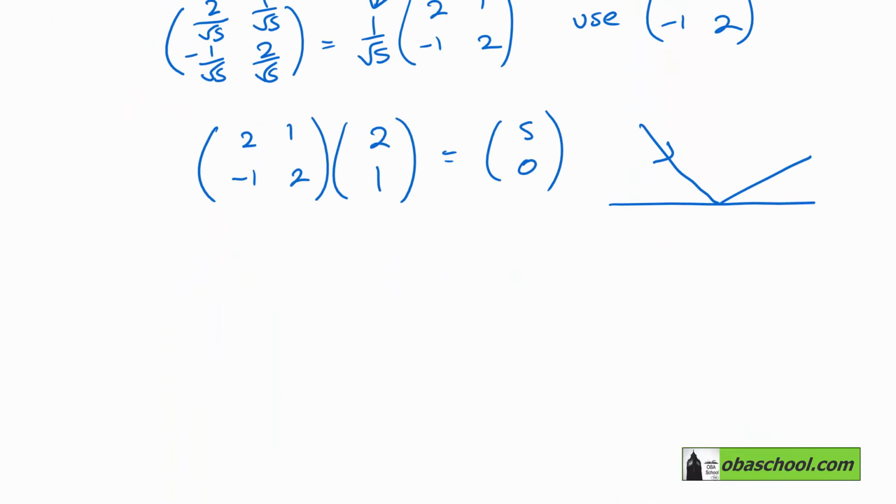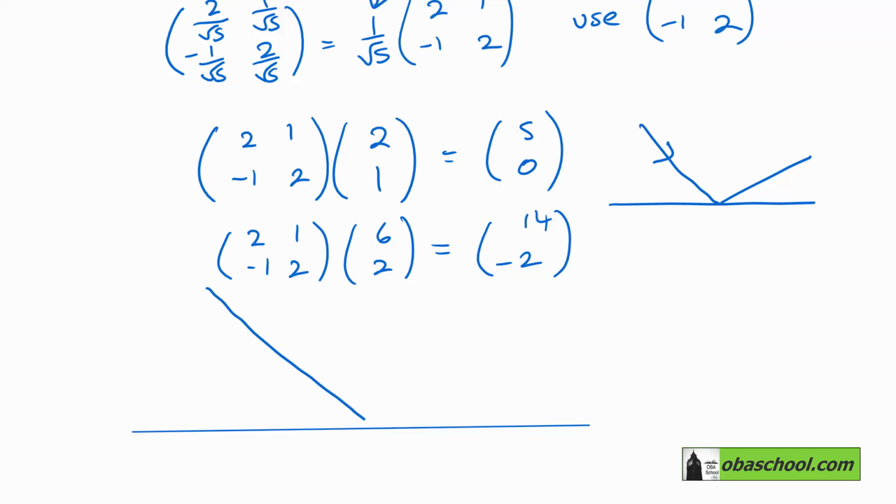So 2, 1, negative 1, 2 times 6, 2 will be 14, negative 2. So what we have is a vector coming in like this, such that this is 2 and this is 14. And then we want to think about the vector coming out.